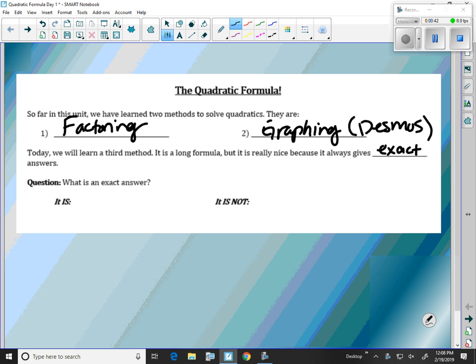Okay, what is an exact answer? A decimal is a real number. A number without a decimal. Okay, so it is a whole number. A whole number, that'll work. What else is an exact answer?